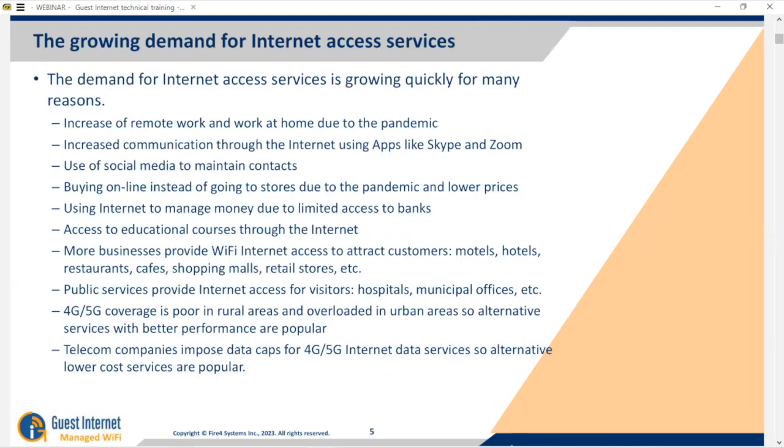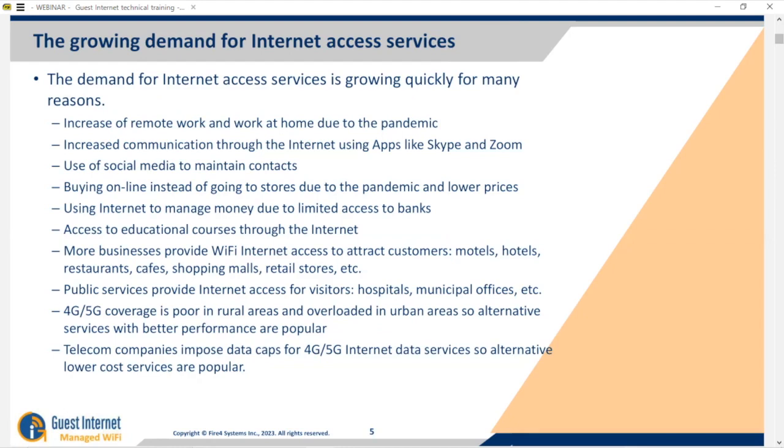The demand for internet access is what drives the provision of services by various businesses and entities. And there are various reasons. The pandemic is the biggest reason that has increased remote work and working at home, meaning that more internet services are required for homes.